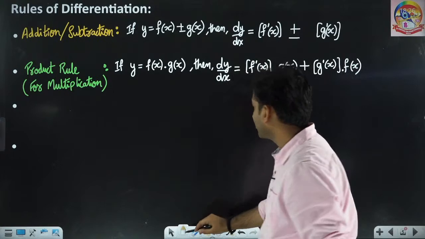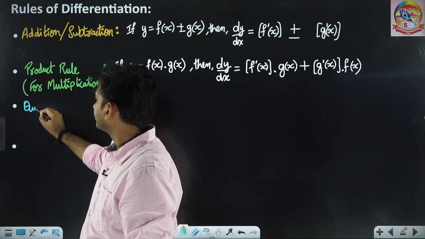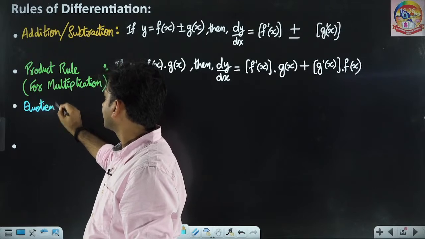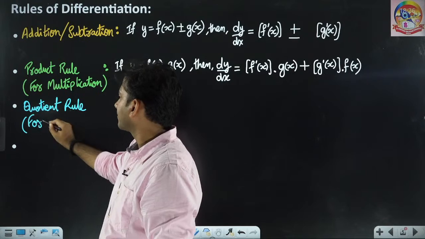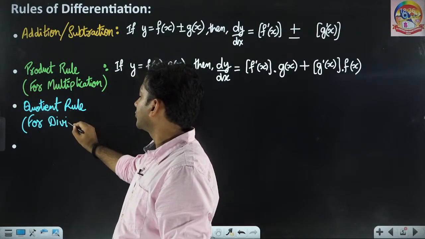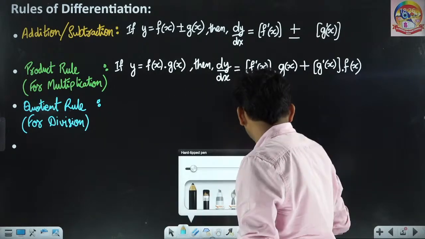Okay, so we have the next rule as the quotient rule. Quotient rule is for division. What is that?